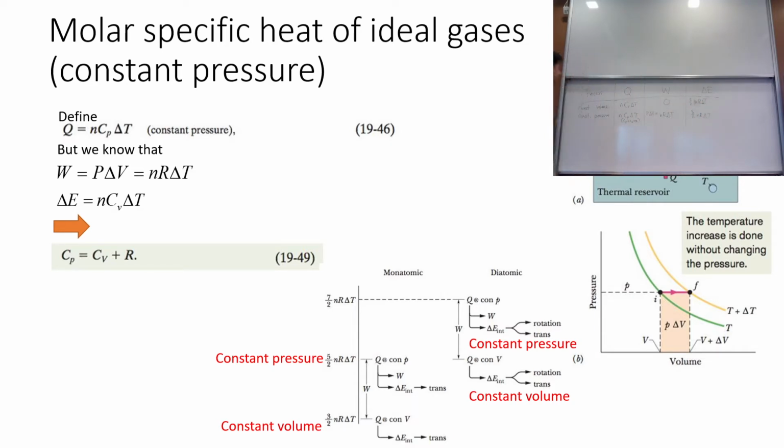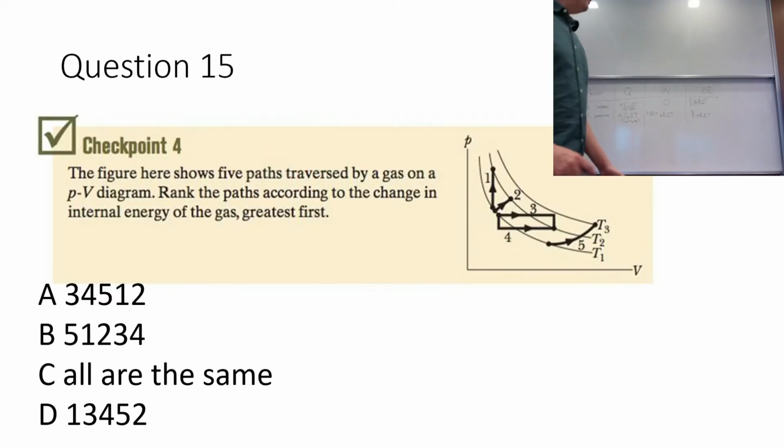And you can see that basically Cv is 3/2 R here, right? So when you do Q minus W, this will add up to this. Okay, that's constant pressure.